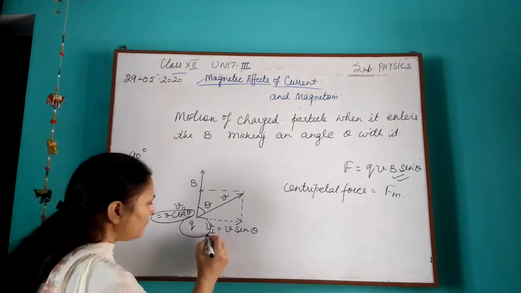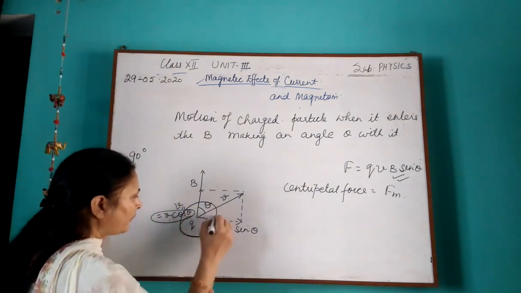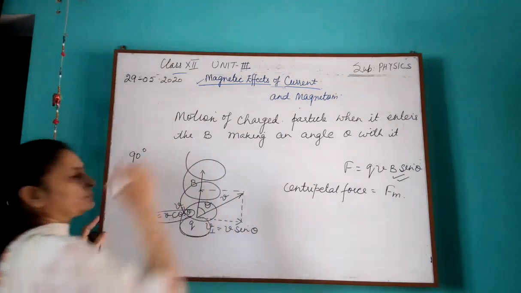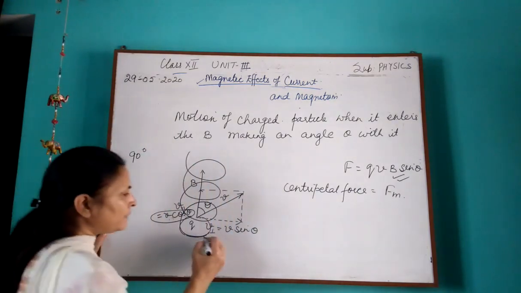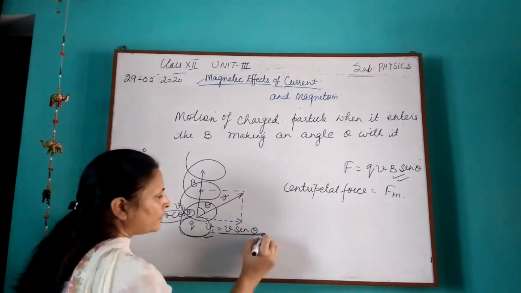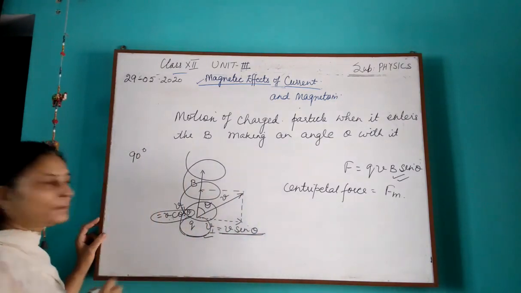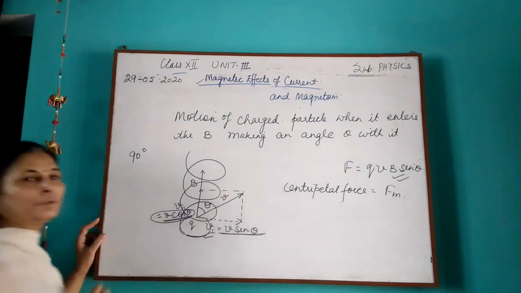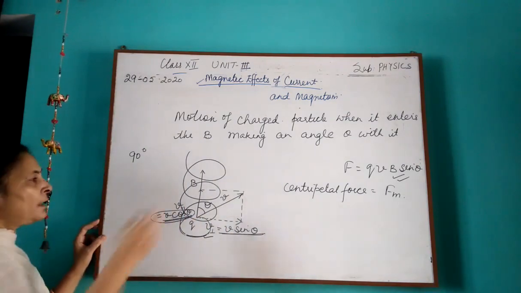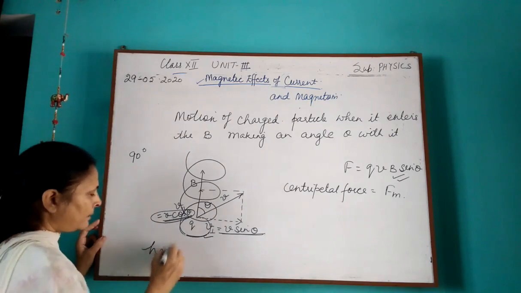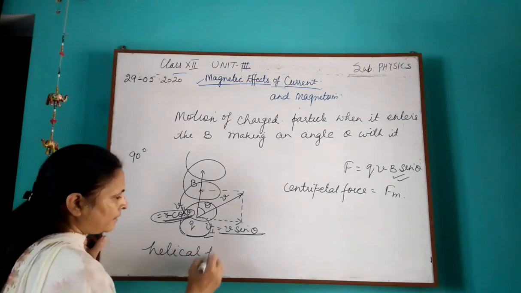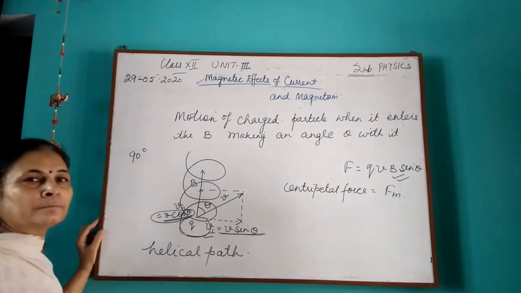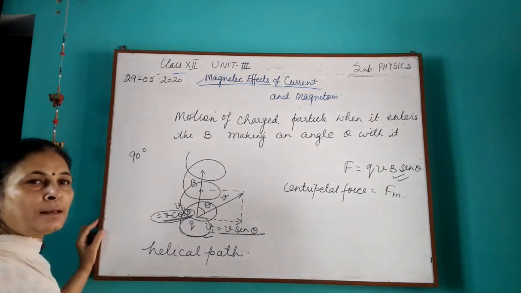So it will move like this: the circular path because of one component, the upward path because of the other component, and the result is a helical path.